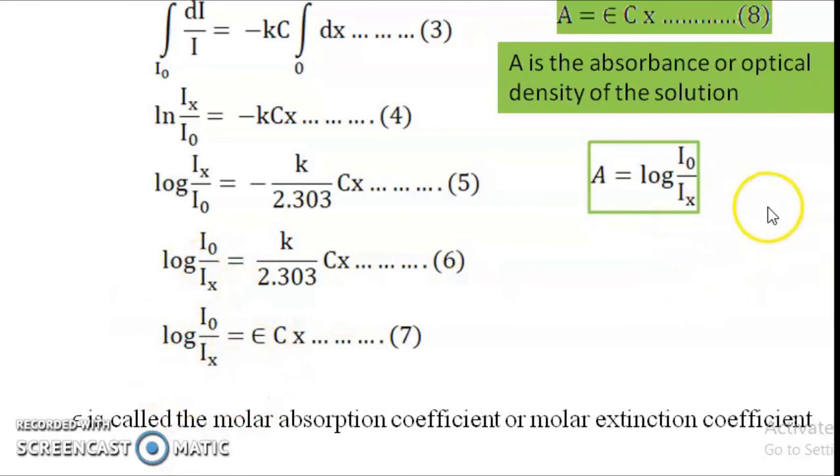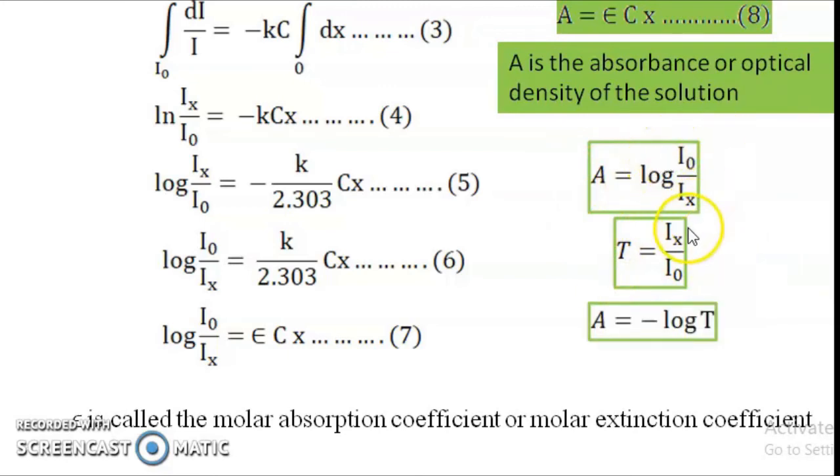And the ratio of Ix by I0, that is the transmitted light to the intensity of the incident light, is called transmittance. So you can put A equal to minus log T. Try to remember equation number 8 and also this final equation, A is equal to minus log T.